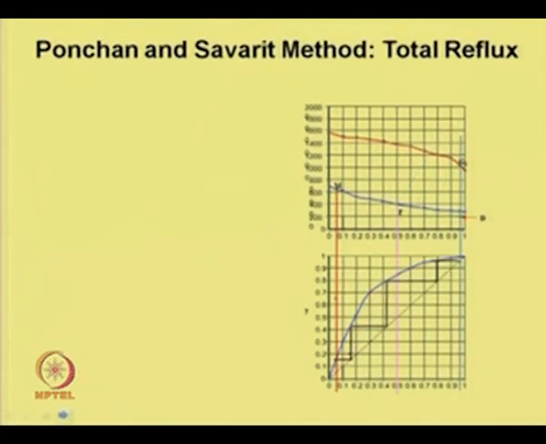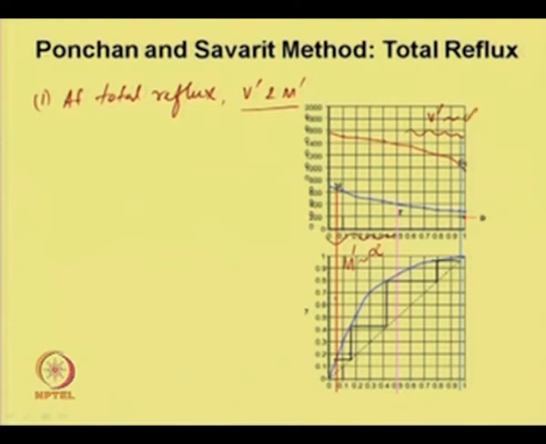Now, we will discuss the total reflux. At total reflux, the points V dash and M dash will be at infinity.